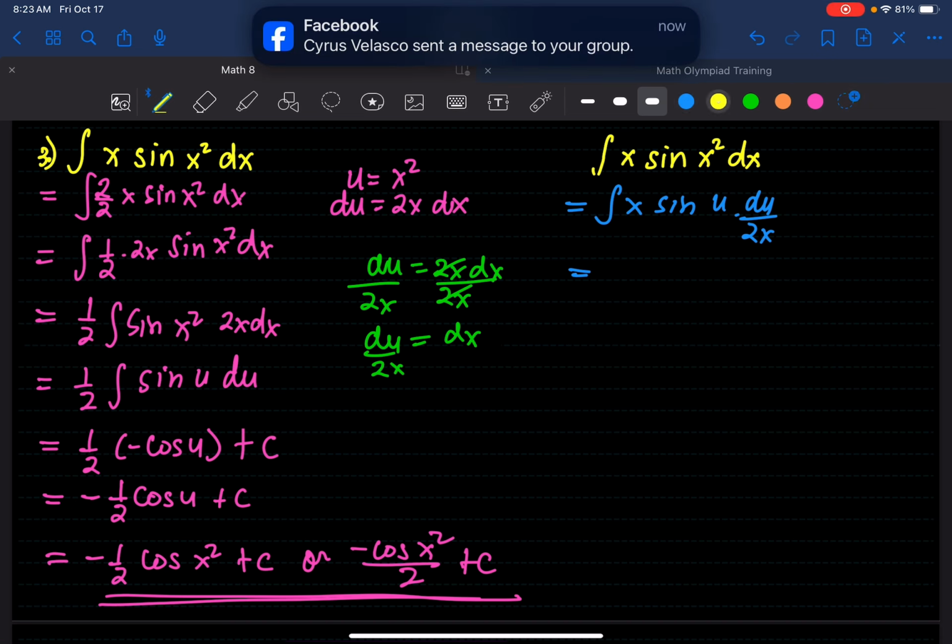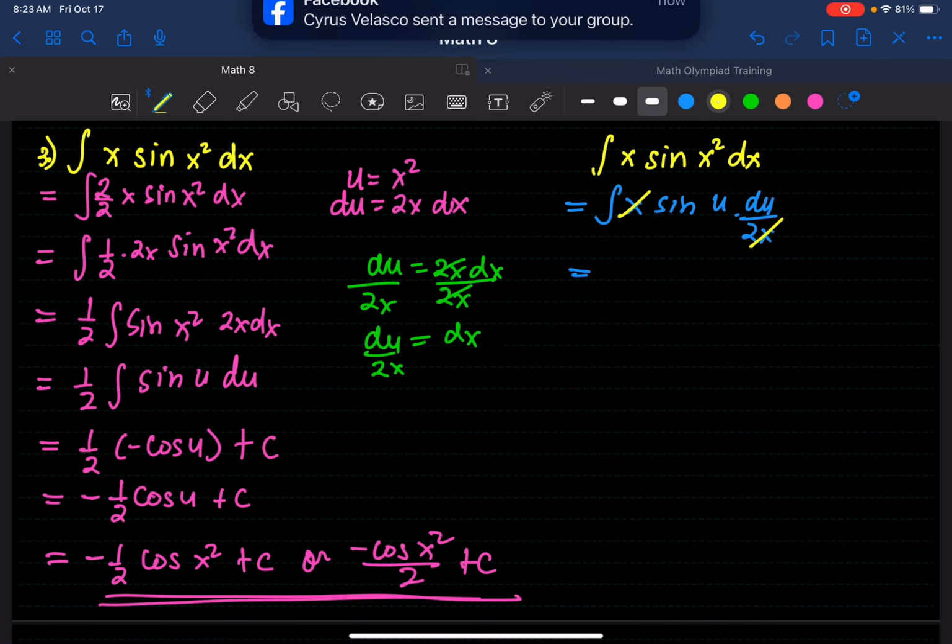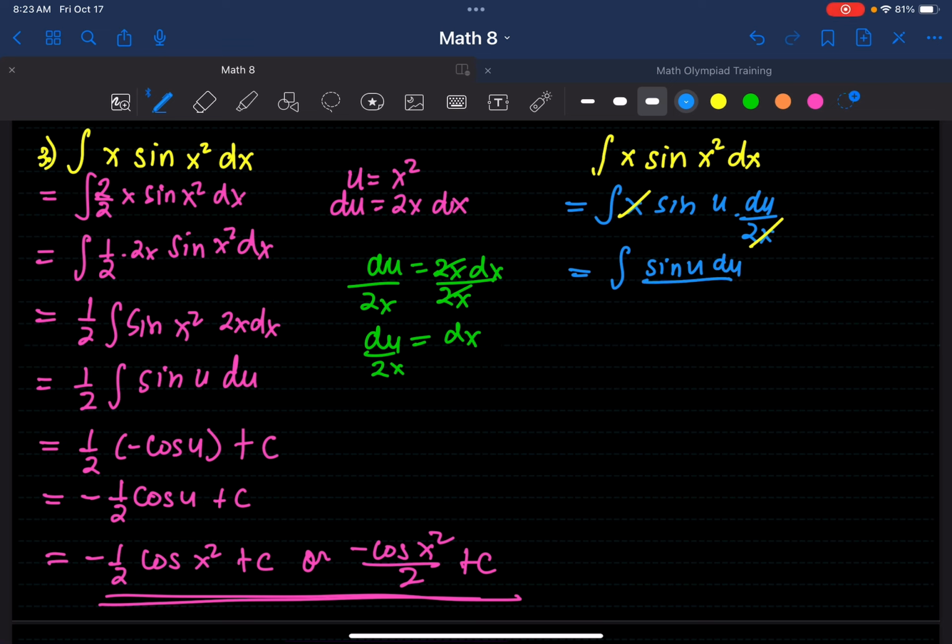Cancel x. And this will become integral of sine u du over 2, or equivalent to 1 half times sine u du. We factor 1 half, then write 1 half before the integral symbol.